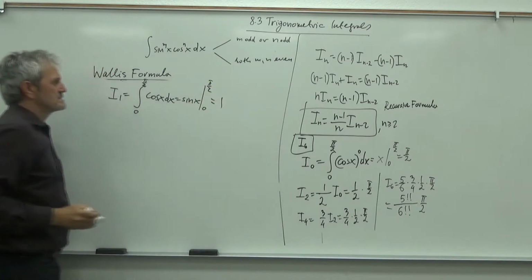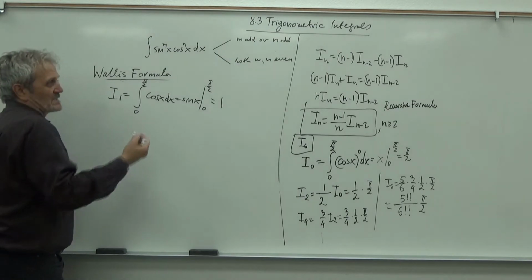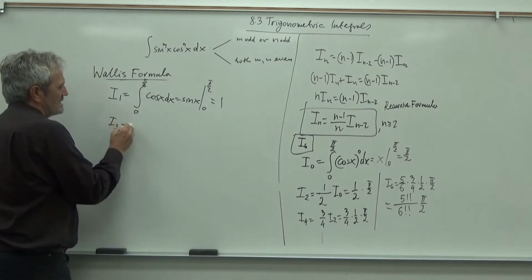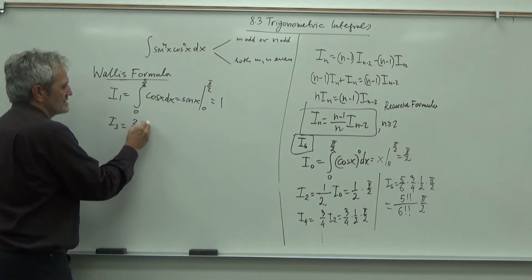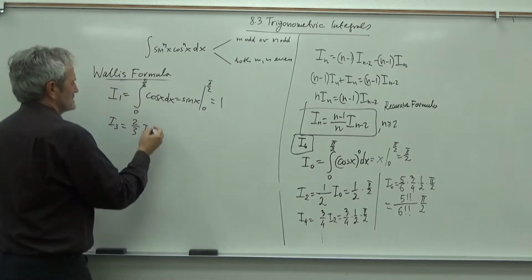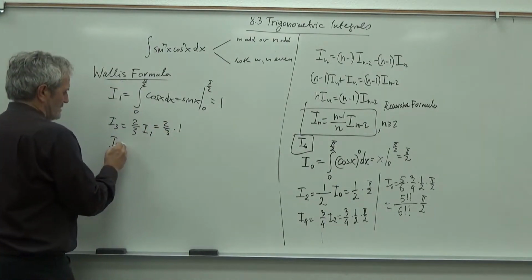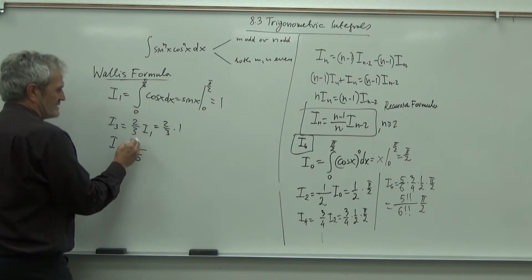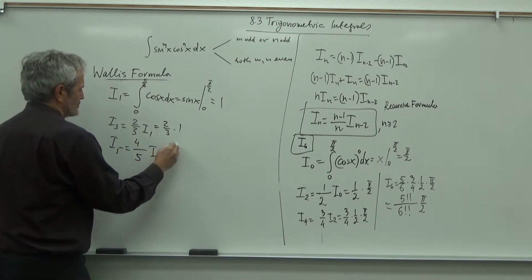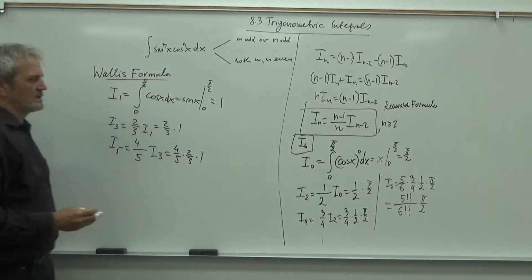Sine pi over 2 is 1, so this is 1. So your start value is 1 instead of pi over 2, and then the same way. I3 is 2/3 I1, when it's 3 on the bottom, 2 on top. So that would be 2/3 times 1. Then I5 gets 4/5 I3, which would be 4/5 times 2/3 times 1.